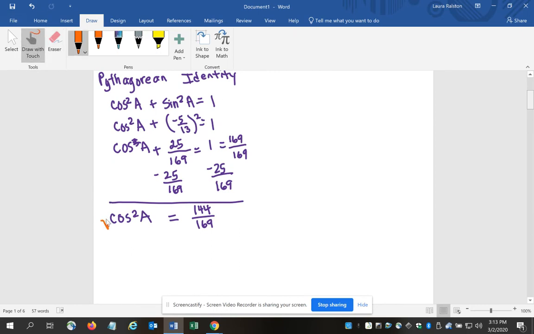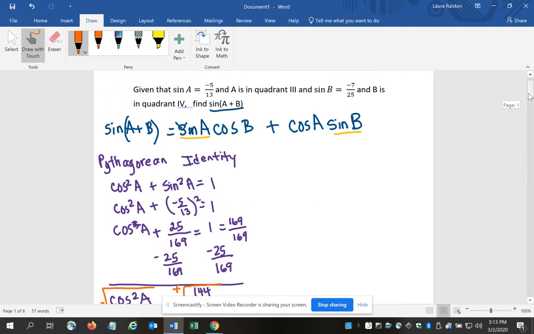So I take the square root of cosine squared of A, and I know it can be plus or minus. So the cosine of angle A equals the square root of 144, which is 12, over the square root of 169, which is 13. Then I need to decide, is it positive or negative?